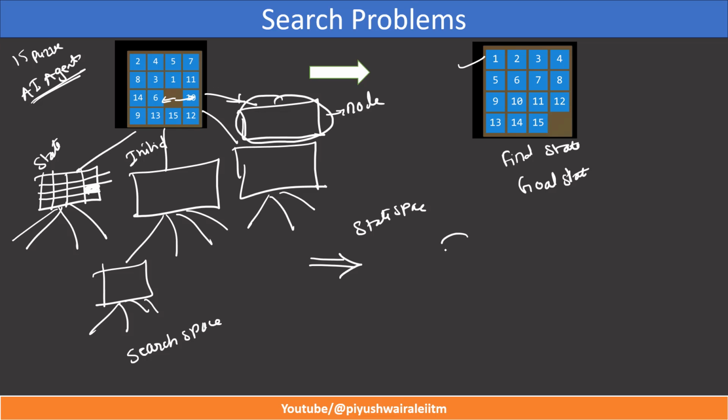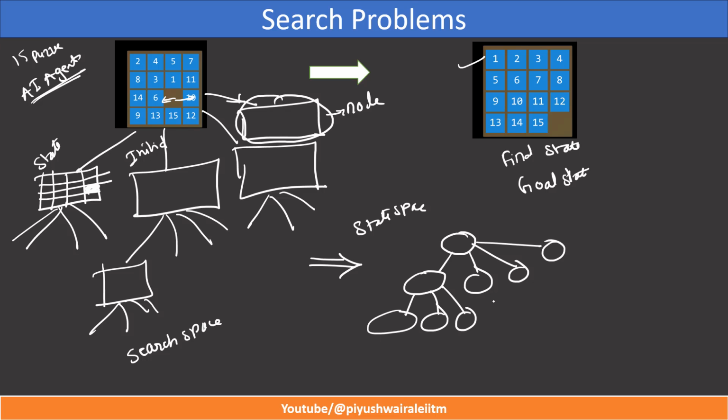So I can convert this search space into a state space, a graphical representation of this particular configuration, like this. Here I have four choices, I can go in four ways, then I can again go in more ways. It will keep happening like this. These are the different states I can reach. We have discussed all those things in the previous video.